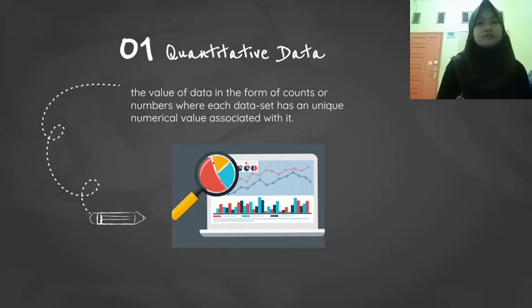So in doing a research, we often use quantitative data in questionnaires in the form of numbers, for example, like 1, 2, 3, 4, 5 representing our thoughts.